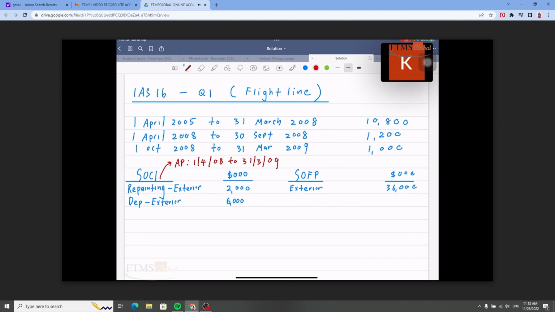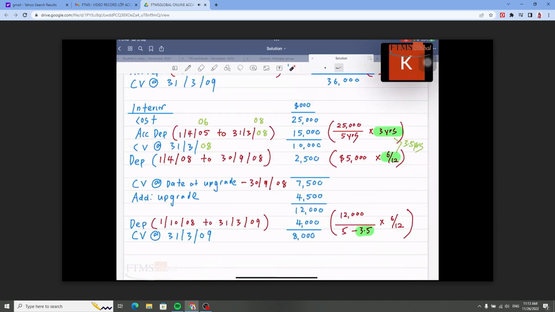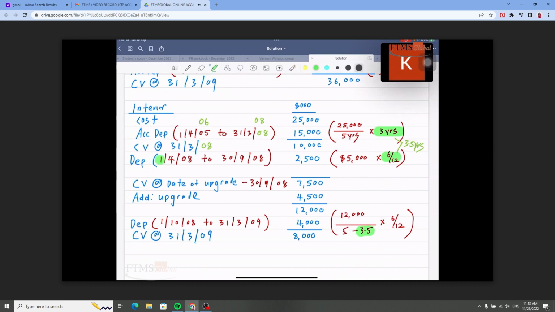Okay. Now, the reason why I emphasize on this is this. My accounting period starts on 1st April. Okay. So my depreciation, I also should use the figure starting from 1st April. If you look at your calculation here, 1st April 08 is here. Right? Then end of the financial year is here.